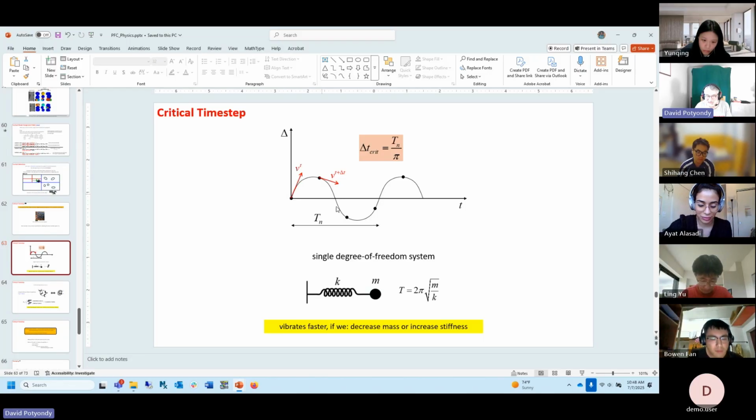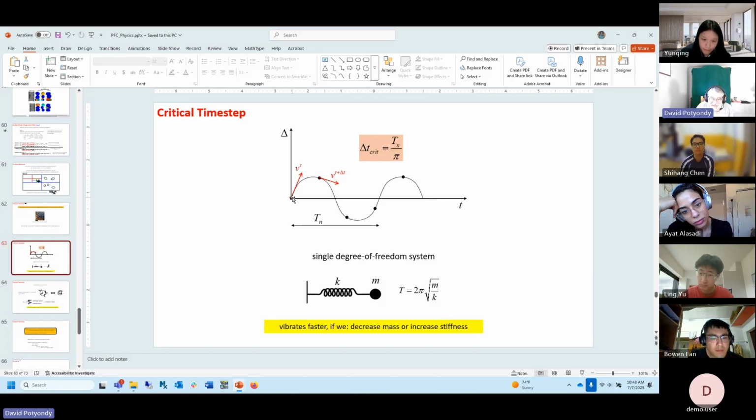Now, notice the velocity is always an arrow that lies along this curve, right? The slope of this is displacement versus time. Knowing the information here, we write the equations to compute the new velocity, that's v at t plus delta t. And then knowing the information here, we compute the velocity here, and we keep doing that.